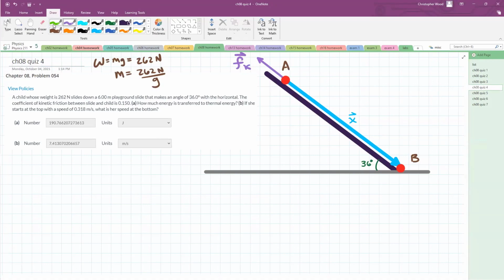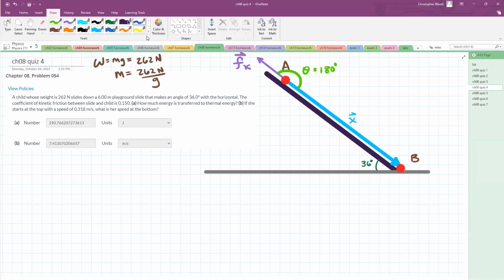This is the angle between those two vectors. I'll call it theta, which equals 180 degrees.